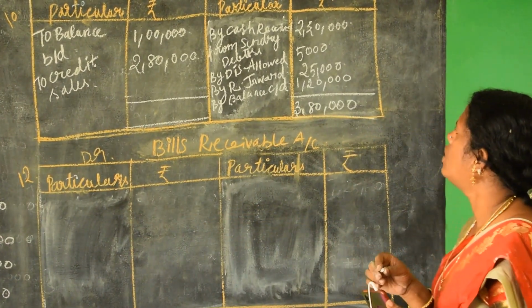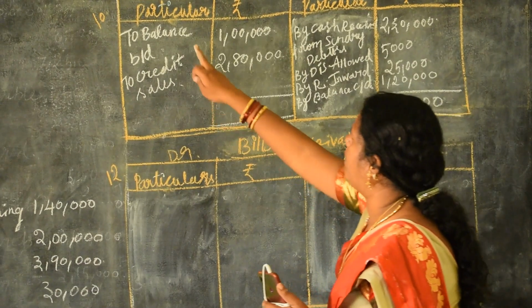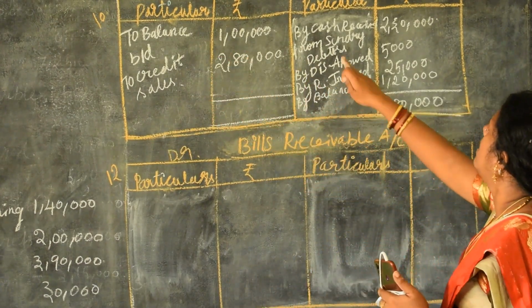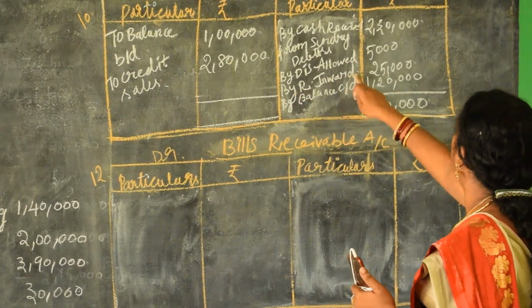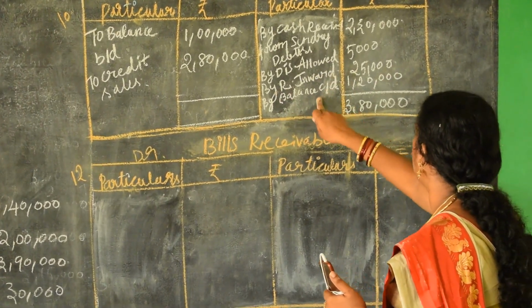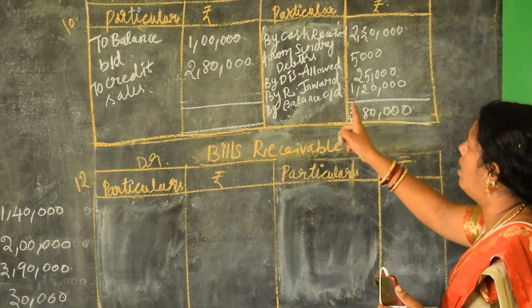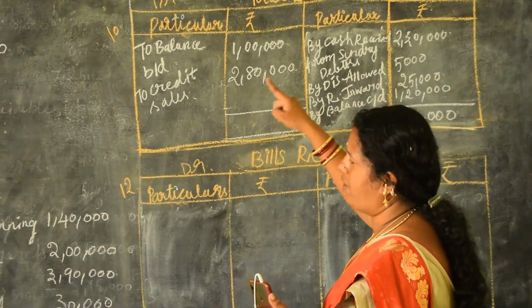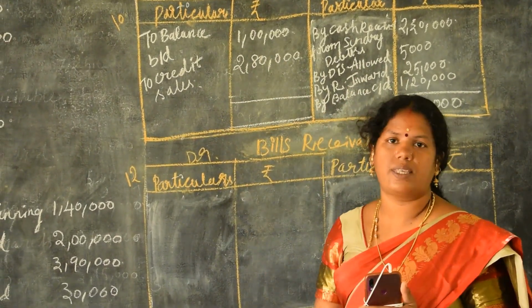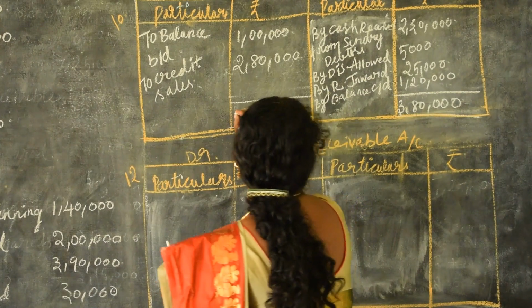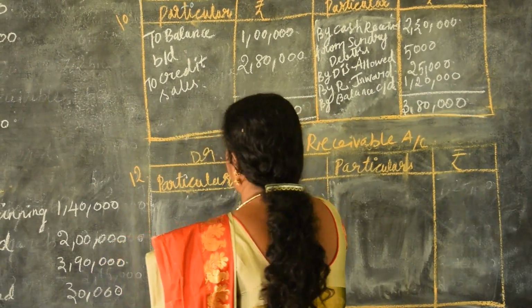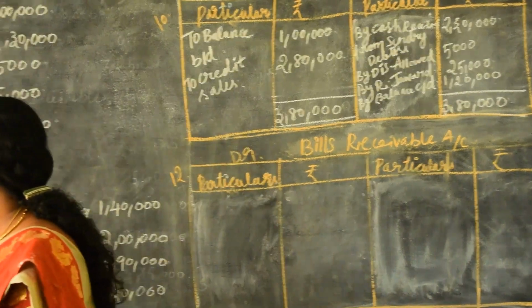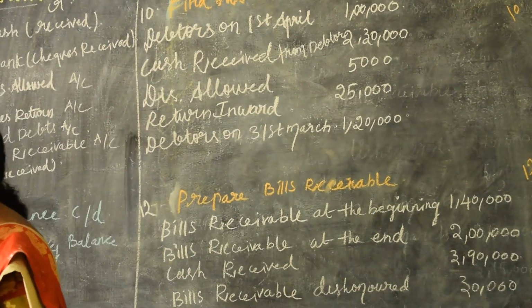That's all. So total debtors is concerned with opening balance, cash received from the sundry debtors, discount allowed, return inward and closing balance. Total this column, make the difference and you will arrive at the credit sales, and total of both the sides is 3,80,000. Next we will move on to prepare bills receivable.